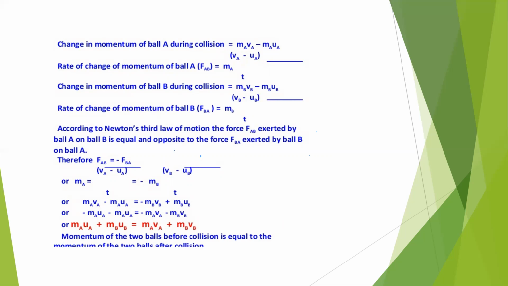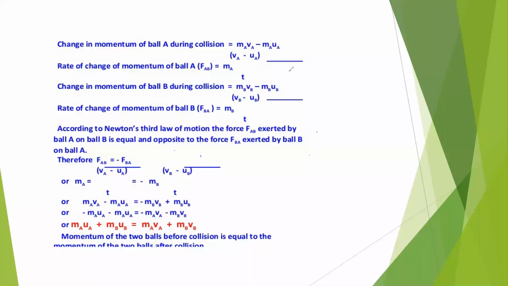You can see here, students, the final momentum for ball A is MAVA minus the initial momentum for ball A, which is MAUA.